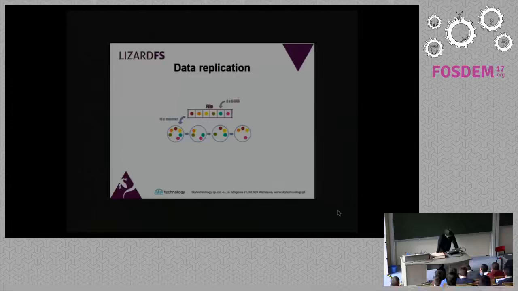So if you configure your policy to be replication, your client will basically start sending data to the first chunk server, and depending on how many replicas you set, it will create a chain reaction.